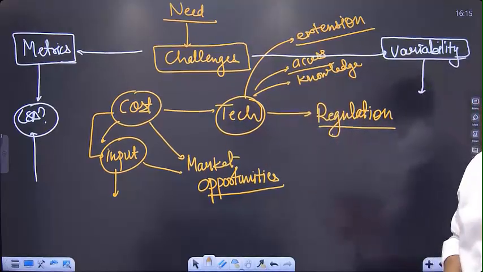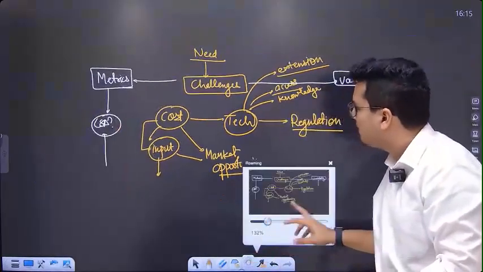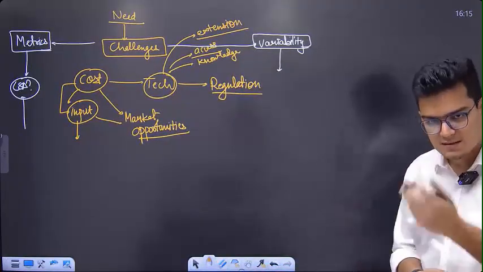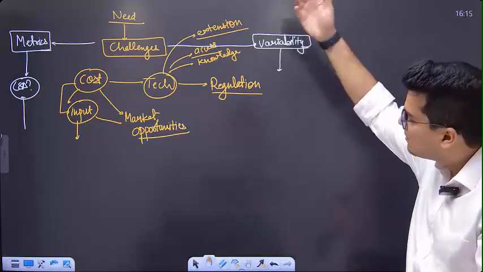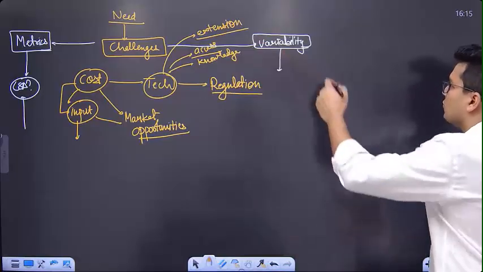Now, there is a recommendation by the Standing Committee on Agriculture given in this year only. In this year, the Standing Committee on Agriculture has given recommendations on how climate smart agriculture can be practiced in India. So let us think what they must have said.